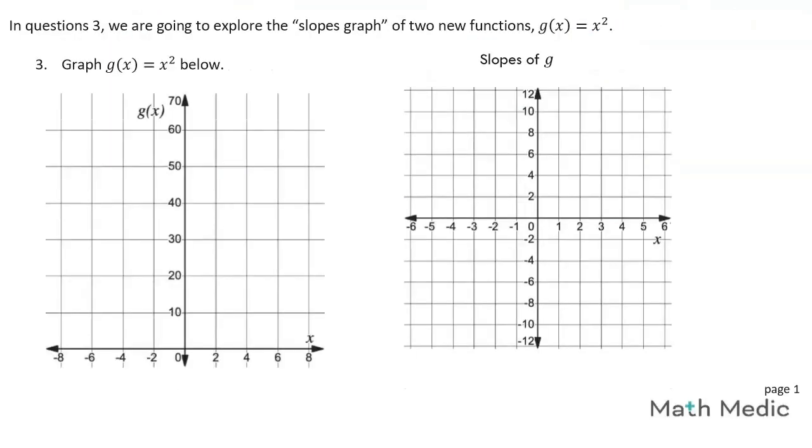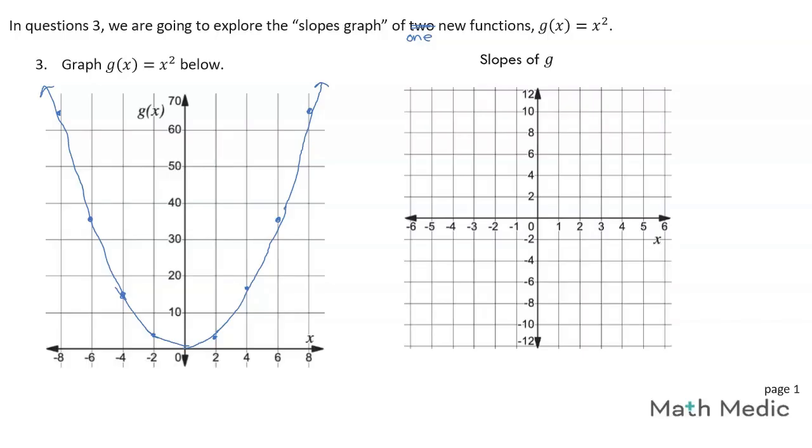In this question, we're going to explore the slopes of the graph of one new function, and that's going to be g of x equals x squared. And I'm just going to draw a graph of that. Here is an approximate graph of g of x equals x squared. And what I'm trying to do is find the slope at each of these points.